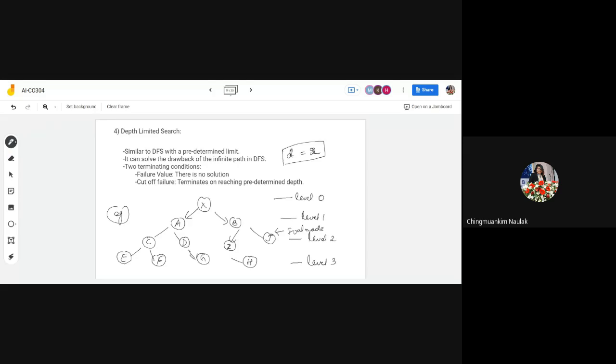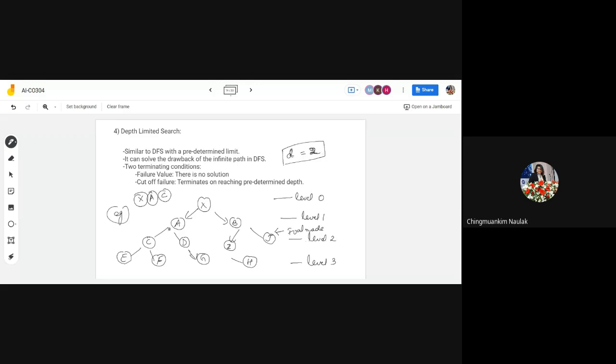So how are you going to do this? According to the theory, you're going to traverse it similarly to depth first search. First you will explore X, and then A, and then you go to C. C is in level 2, and the predetermined depth was 2, so you will not go beyond this.